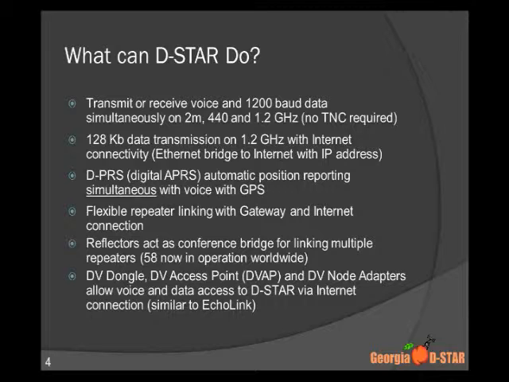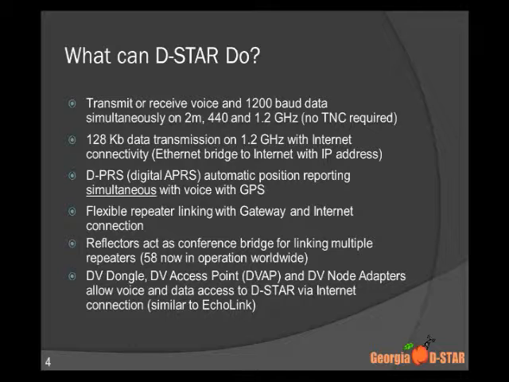Going up to 1.2 gigahertz, you also have the capability of doing 128 kilobit data transmission, which is nice because it is essentially imitating an Ethernet bridge. So whether you use that for last mile connectivity or into a data module on a repeater to have internet access, that is a very handy feature and has a lot of applications.